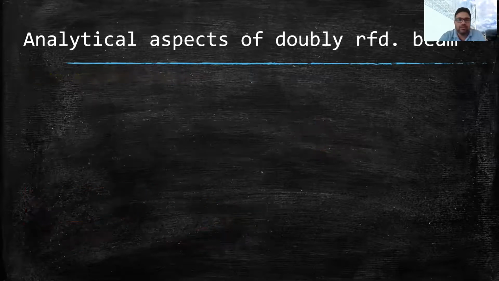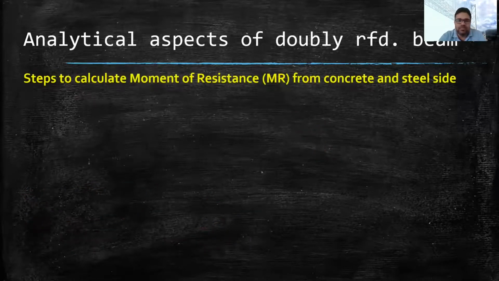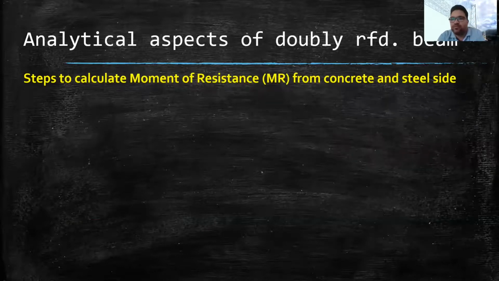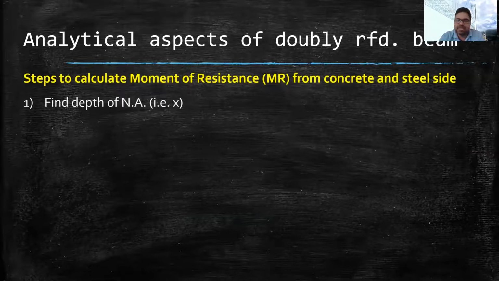Now, there are some steps involved to calculate the moment of resistance of a doubly reinforced beam. So what are those steps? The first step is finding the actual depth of neutral axis and the critical depth of neutral axis, or we can find the neutral axis depth factor.